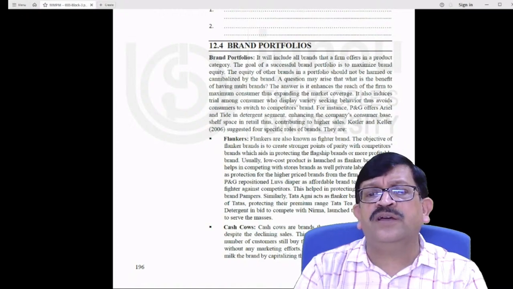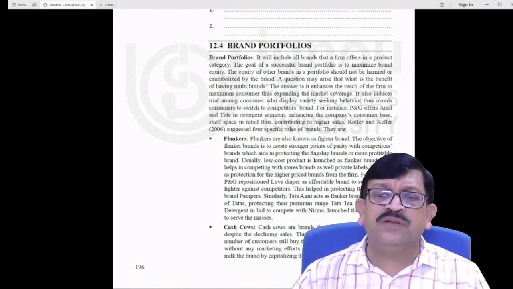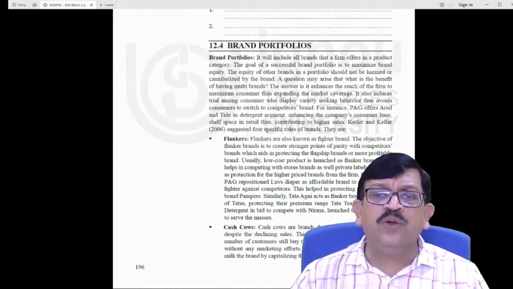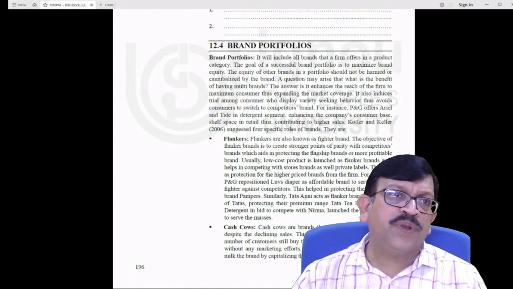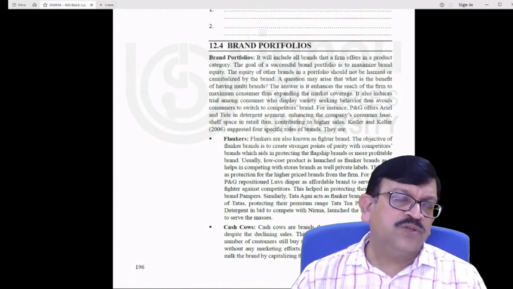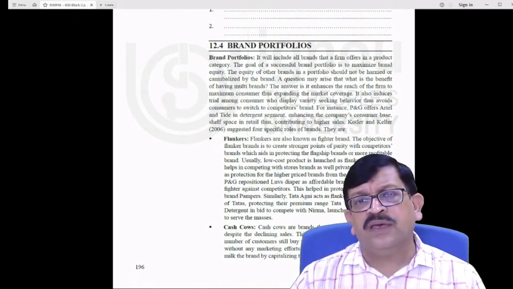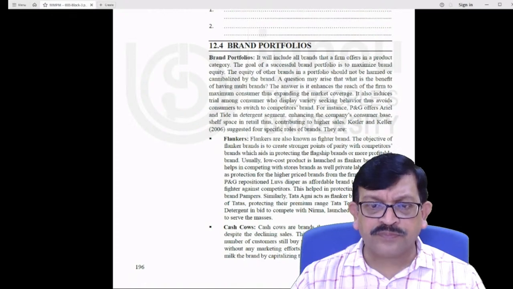Here the case of Tata Agni has also been talked about, in addition to the Surf example which I gave you, where it tried to give a low price variant to the marketplace to strengthen the portfolio so that the premium brand is protected. So fighter brands help as a defensive mechanism in portfolio management analysis.